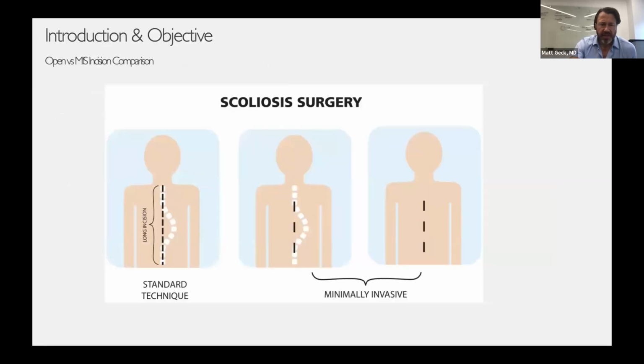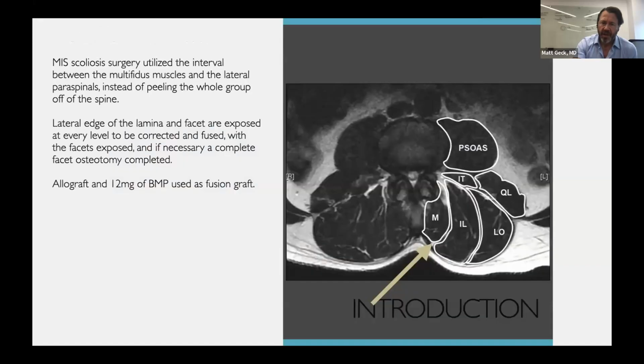So this was our general approach: to take the longer incision, divide it up into three smaller incisions, and then mobilize those incisions laterally. So with those three incisions, mobilize them side to side and enter the fascia, and then develop this interval between the multifidus and the lateral paraspinals, and come down on the very edge of the lamina and the facet.